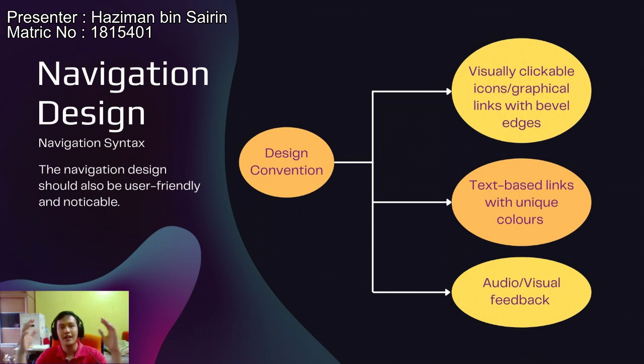For example, usually they use blue with underline, right? And when the user has already clicked them, they will change color to show that the link has already been used. And the last one, an audio or visual feedback. So we have to implement an audio or visual feedback to tell the user that the link has been clicked. For example, a sound of a bell like ding.